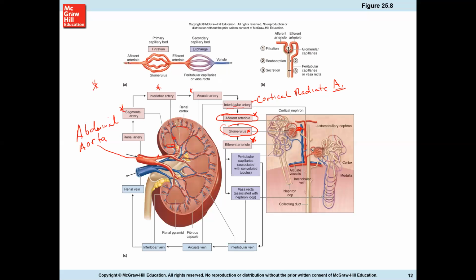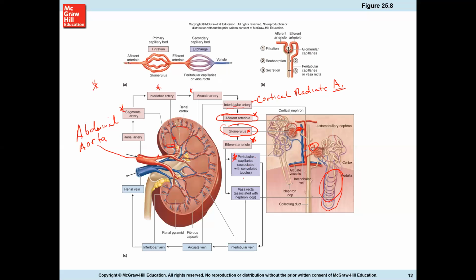Efferent arteriole, right, which will be coming right here into the vasa recta, which is along the loop, and it juxtamedullary. So the blood vessels here are vasa recta. So first place, though, after the efferent arteriole is around the tubules, which is peritubular capillaries. So the peritubular capillaries surround the DCT and the PCT in the cortex.